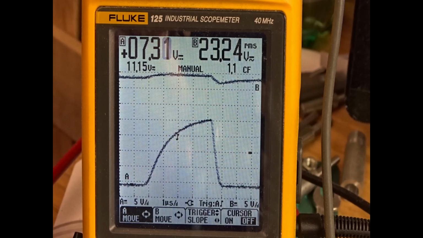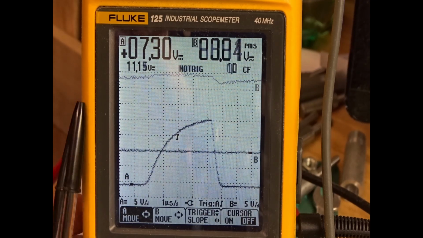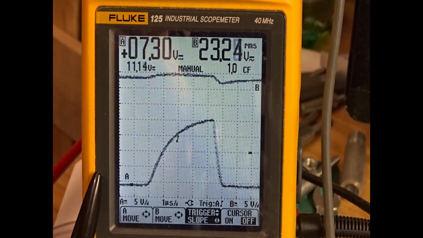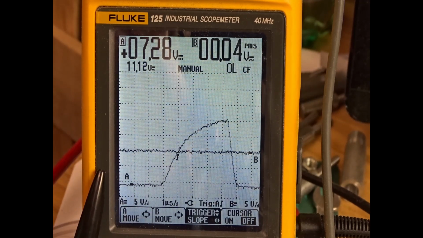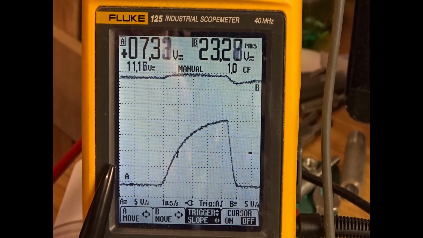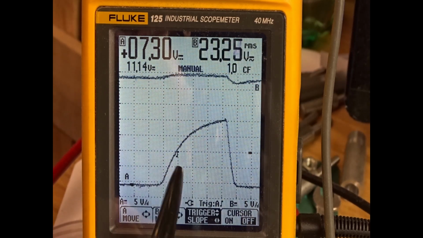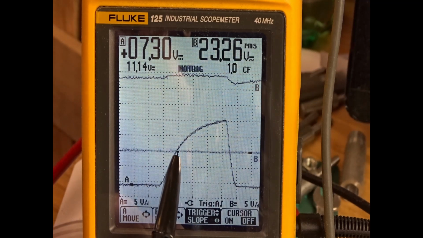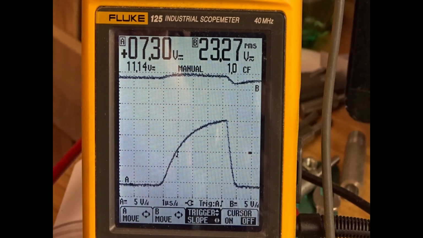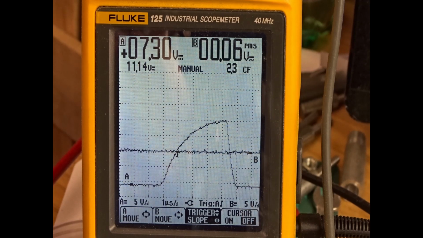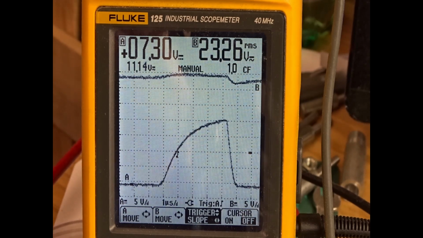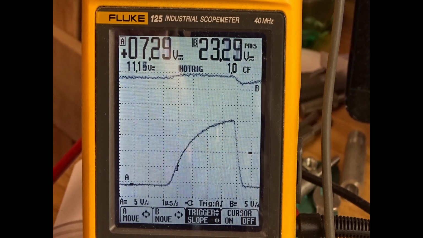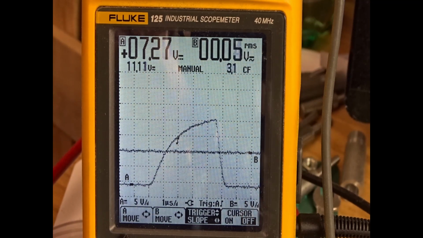That's 1 microsecond per division. Trigger slope. Say from that point 1 to 3.6, 3.5, and move it down. And move it up.